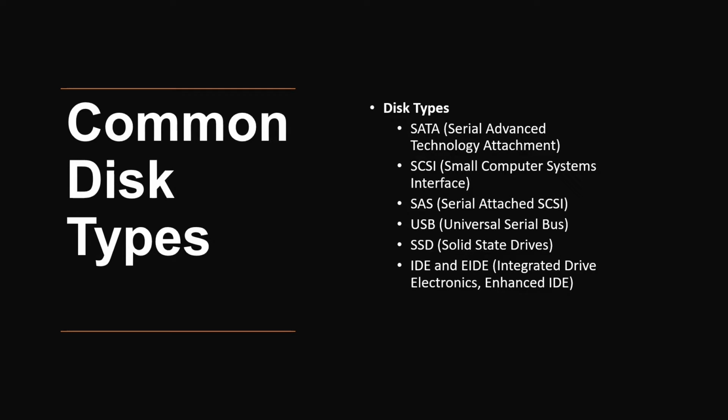SCSI has numerous versions such as fast, wide, and ultra-wide. SAS uses a newer point-to-point protocol, has better performance than SATA disks, and is better suited for servers. USB, these include flash drives and floppies and are seen as SCSI devices.